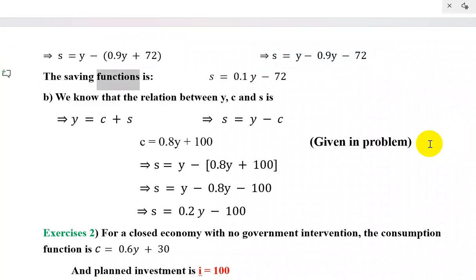The saving function is S equals 0.1Y minus 72.